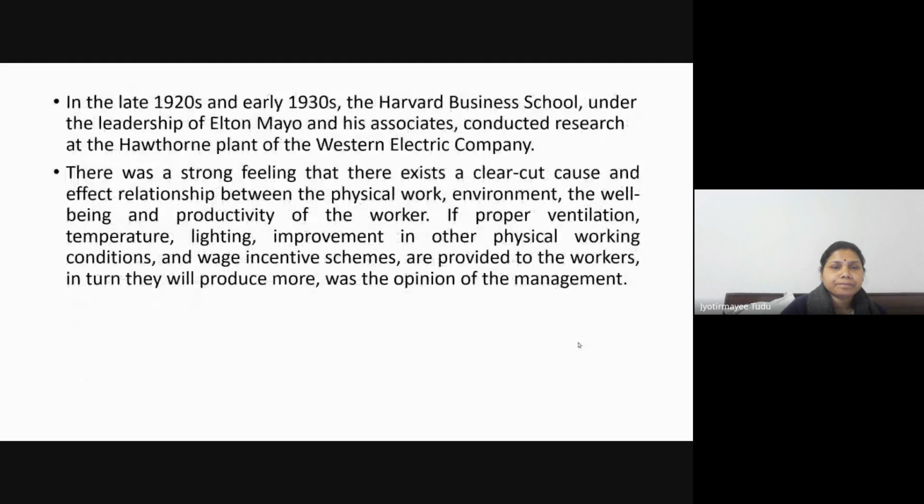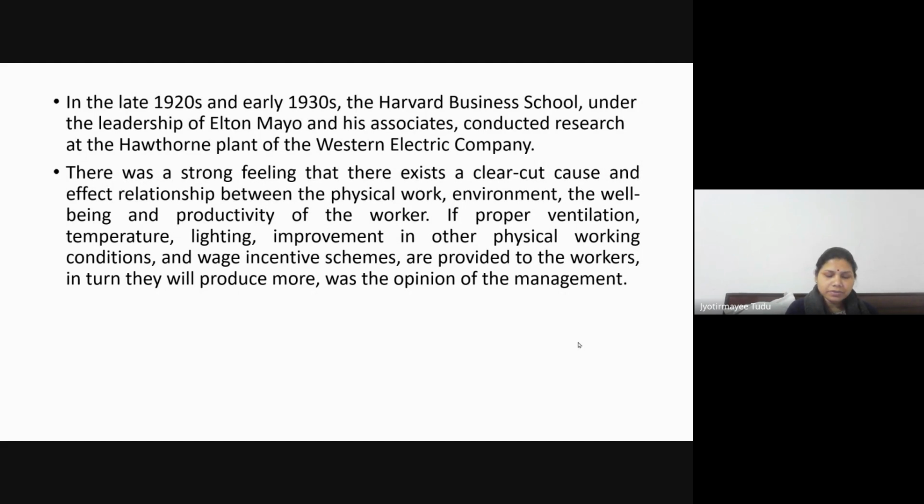Okay, so it was around the 1920s and 30s that Mayo was invited to conduct research at the Hawthorne plant of Western Electric Company, and such experiments came up with a strong feeling that there exists a clear-cut cause and effect relationship between the physical work environment, the well-being, and productivity of the worker.